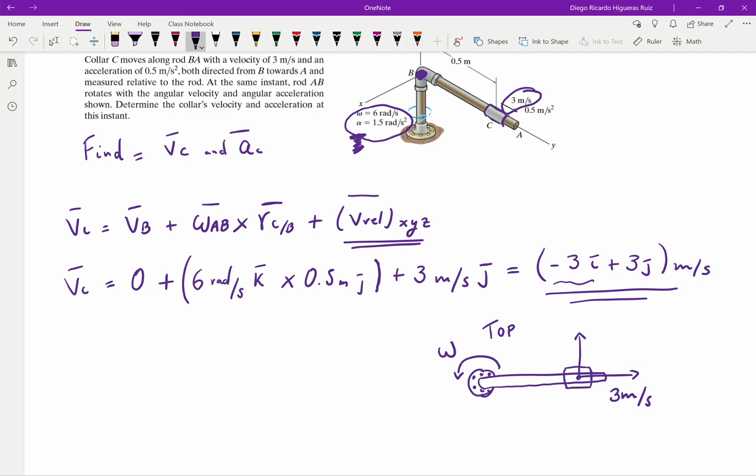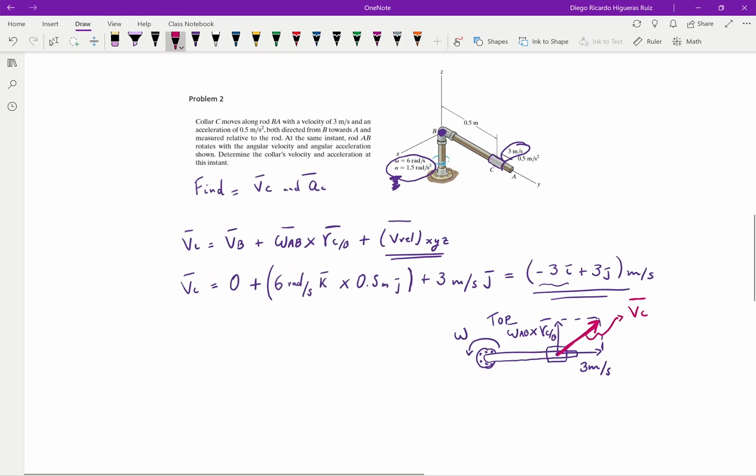So basically, this is going to be omega AB cross product RCB. Okay, so the velocity of that collar is the one that I'm going to draw here. This velocity, that's the real velocity of the collar. Okay, that's just like a graphical analysis of the problem. That's going to be the actual velocity.